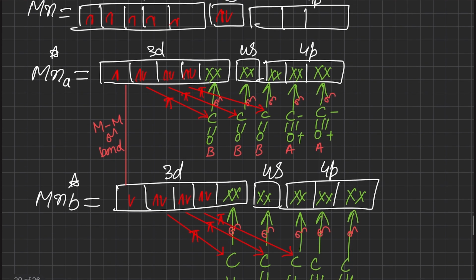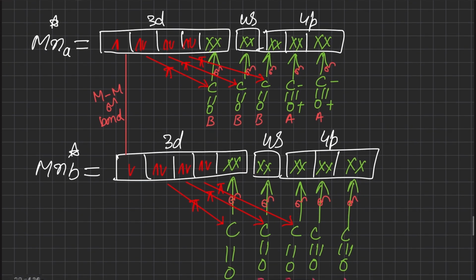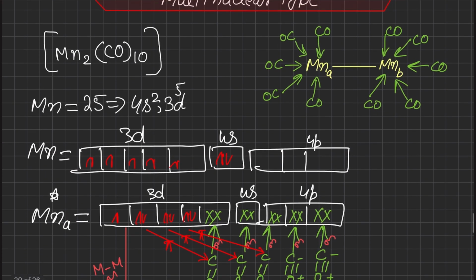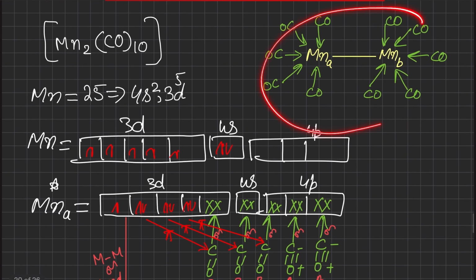First of all, in order to draw this bonding situation, there are actually two manganese atoms, so one is represented by manganese type A and the second by manganese type B. In this picture each is attached with 5 carbonyls, or we can say each manganese atom is attached with an odd number of carbonyl molecules.